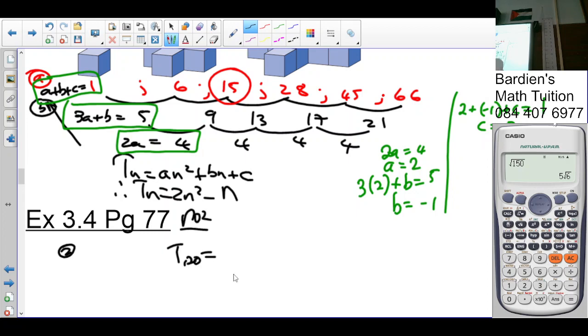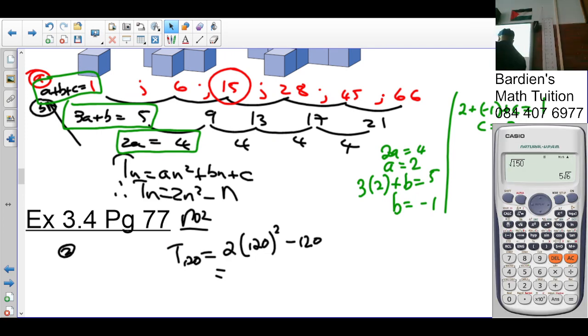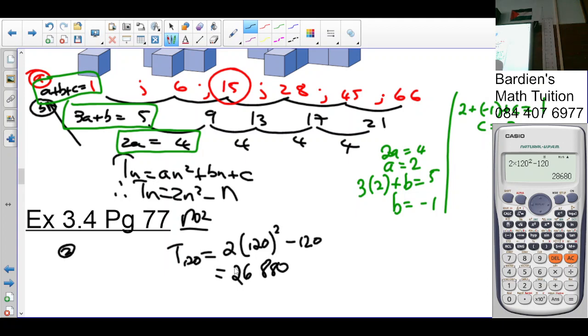T120 is going to be 2 times 120 squared minus 120. So it's 2 times 120 squared minus 120. Is that 8,680? Huh? 86,800? 6,680? 8,000?